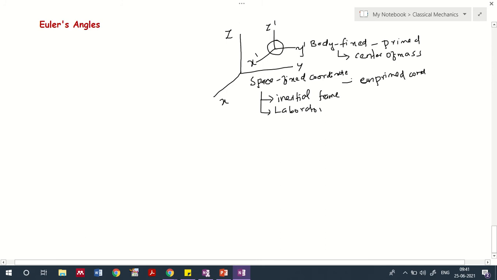The center of mass reference and the inertial frame are alternative names for the body fixed and space fixed coordinates.